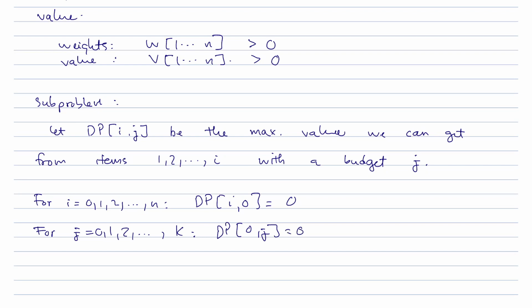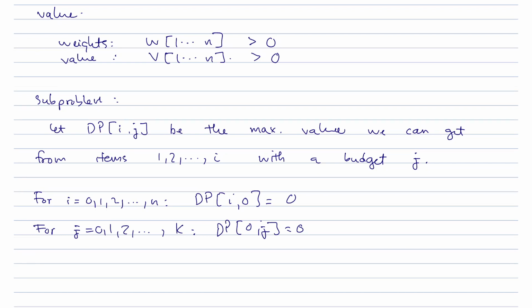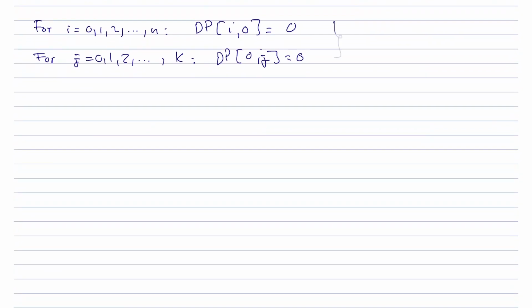It doesn't matter how much budget you have. If you have 0 items to choose from, then clearly you get nothing but 0 value. Okay, so these are the base cases.